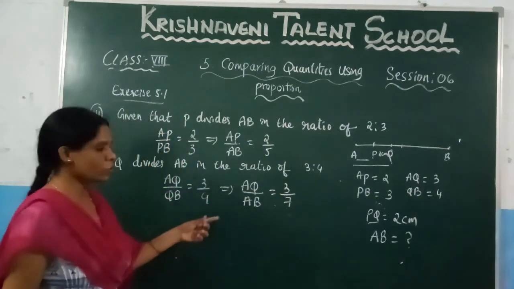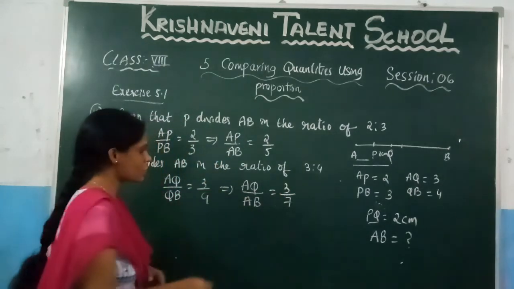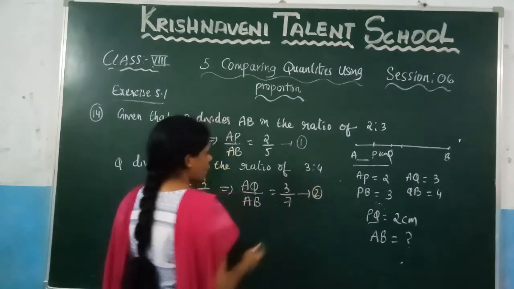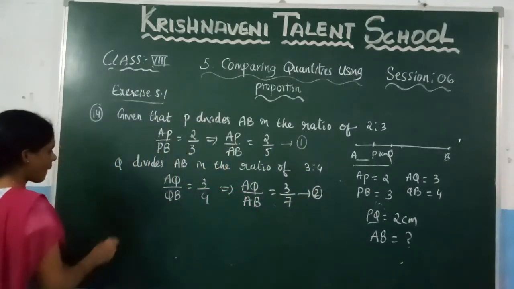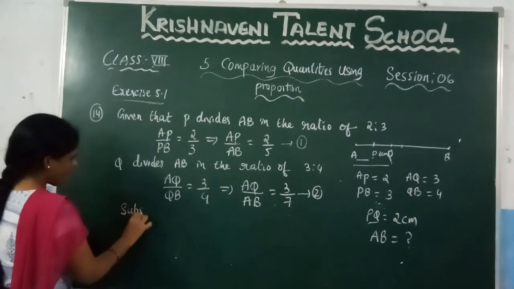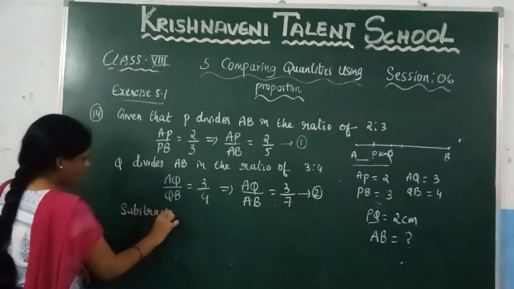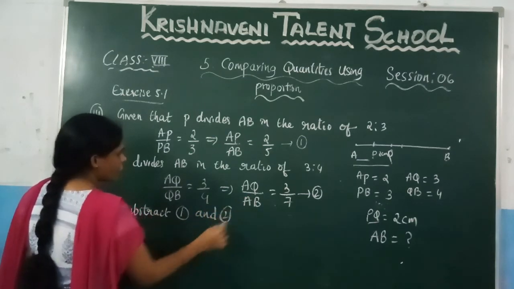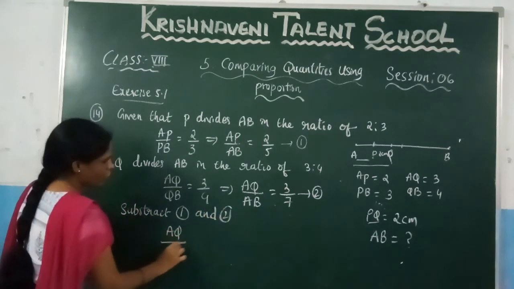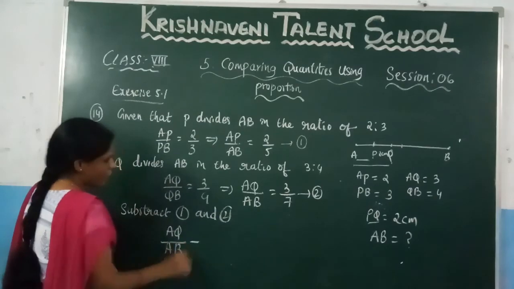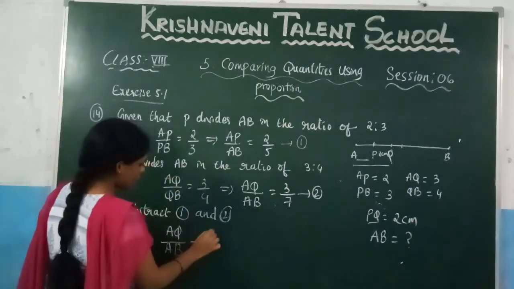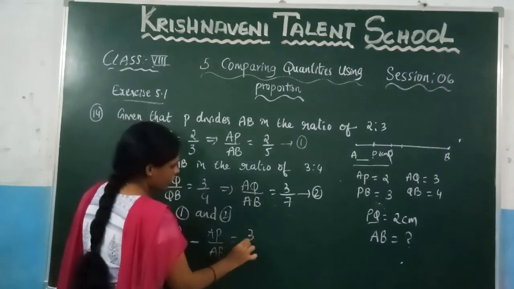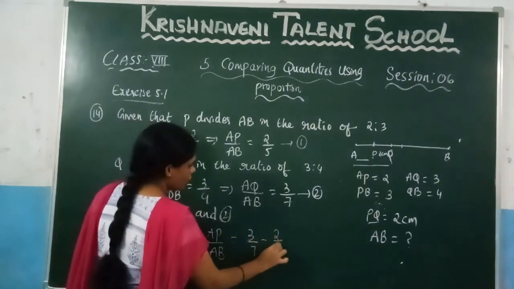Now what we need to do, you need to subtract these two values. So write it here 1 and write it here 2. Subtract 1 and 2. So here this is AQ by AB minus AP by AB is equal to 3 by 7 minus 2 by 5.